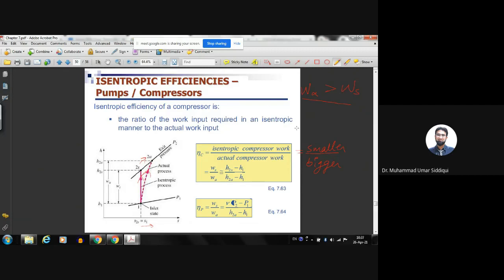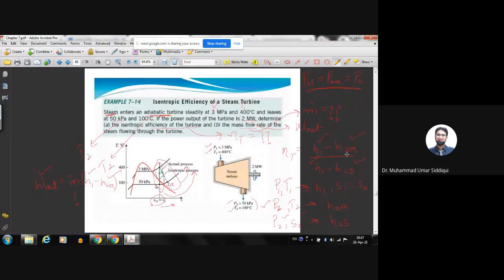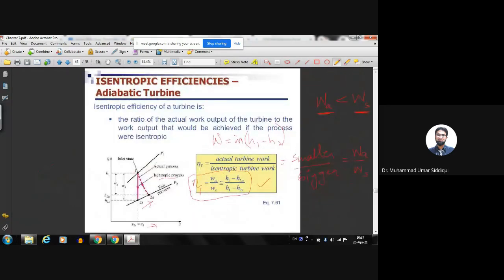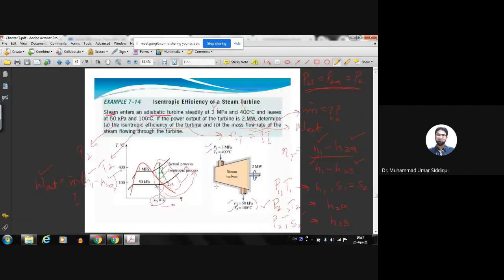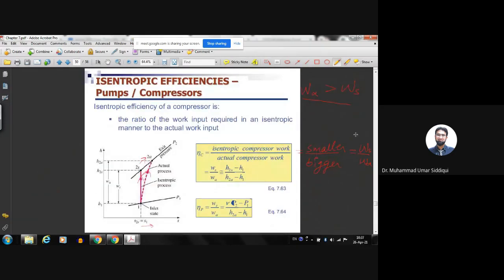So when we say isentropic efficiency of the compressor, it will be the smaller value over the bigger value. Here the smaller value is Ws, so it will be Ws over Wa. If you look here, this is inverted now. In case of the turbine, it was Wa over Ws. Now, in case of the compressor, it is Ws over Wa.